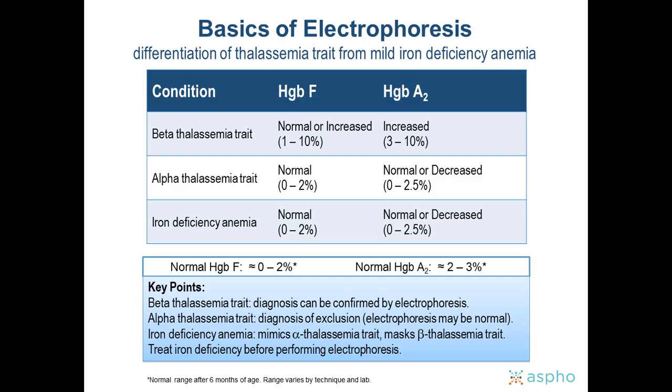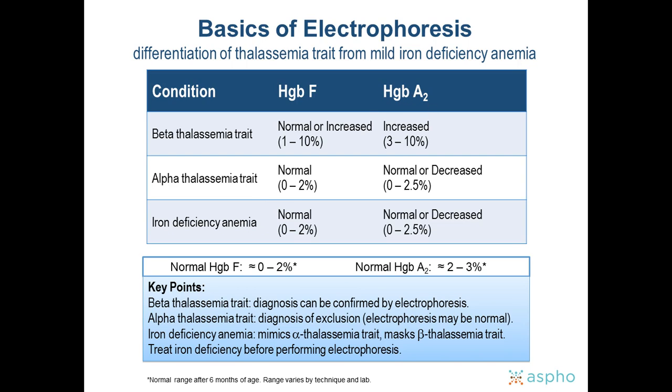Now, one of the things, this is a little bit of a segue, we're trying to do oftentimes clinically is differentiate, does this patient have thalassemia trait or mild iron deficiency anemia? And one of the ways we try to go about doing that is hemoglobin electrophoresis, and that can be problematic. And I'll explain why. So in beta thalassemia trait, F is either normal or increased, but usually hemoglobin A2 is increased in beta thalassemia.